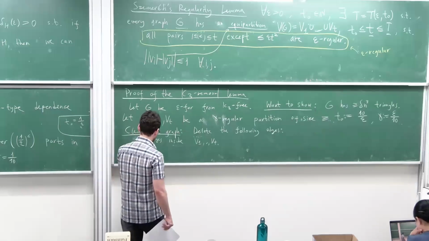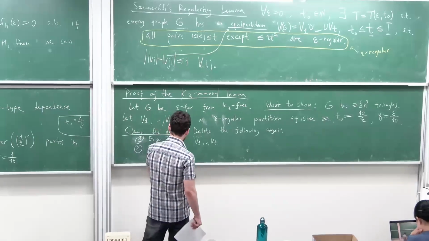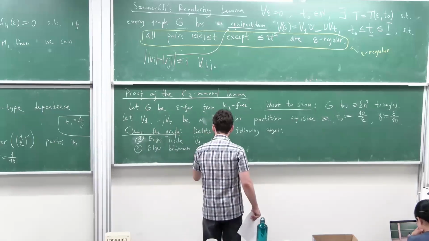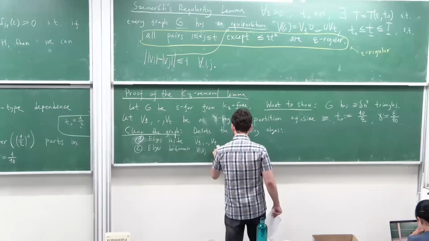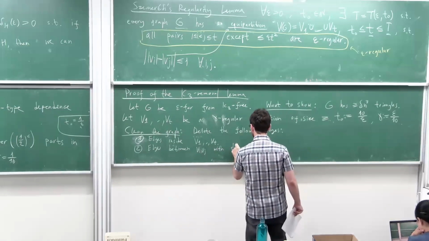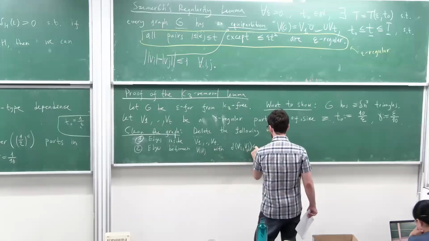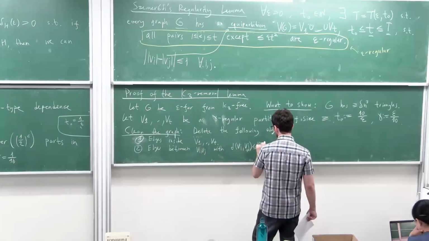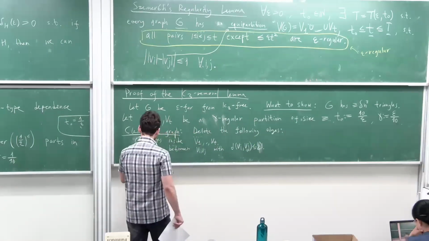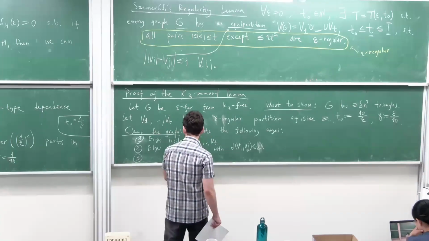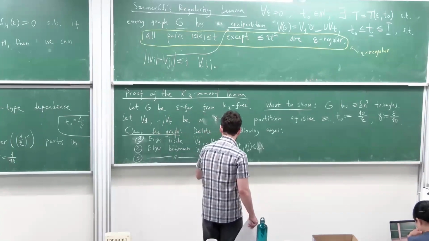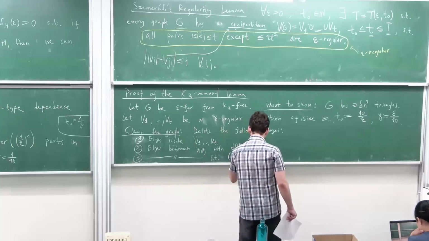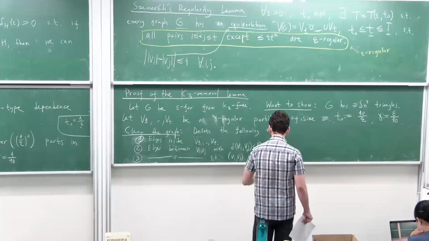Second, edges between Vi and Vj such that the density between Vi and Vj is less than, let's say, 2 gamma. And third, edges between Vi and Vj such that the pair Vi, Vj is gamma irregular.